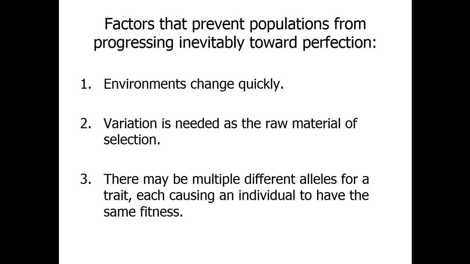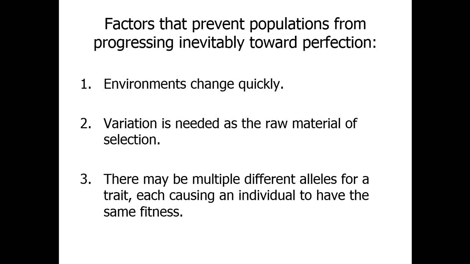And so things that stop a population from progressing towards perfection is the fact that environments change. And so what might be perfect for one environment, dry year, is not going to be perfect for a wet year. And so because the environments change so quickly, we can't have one phenotype that fits both of those resource methodologies.